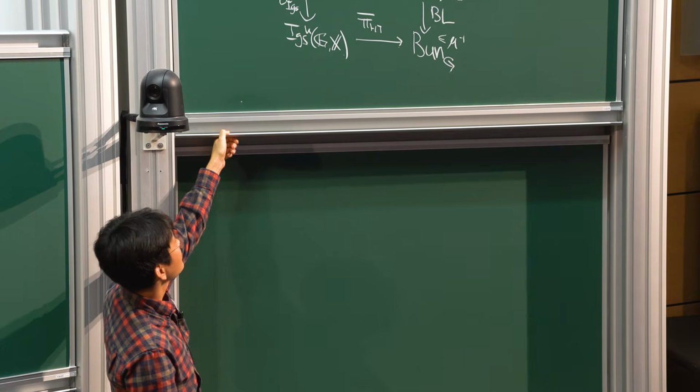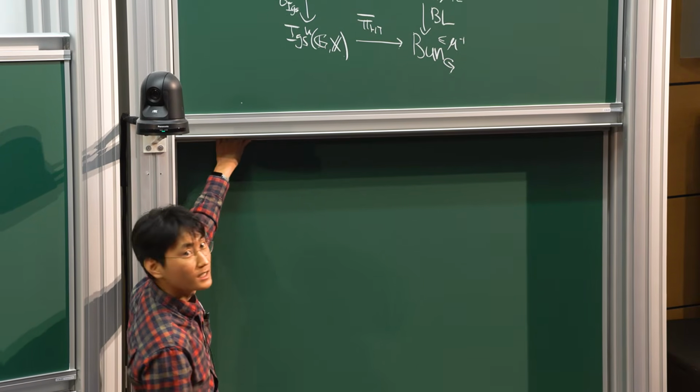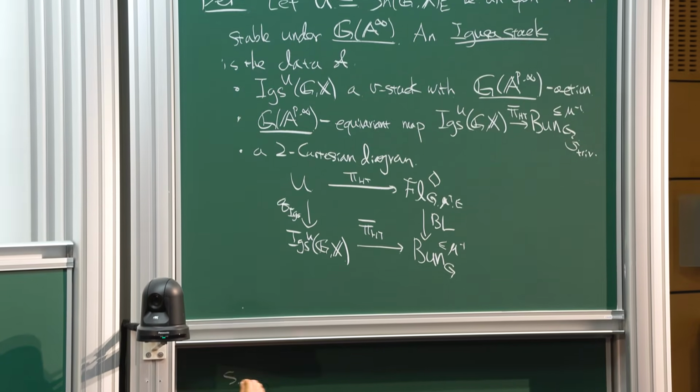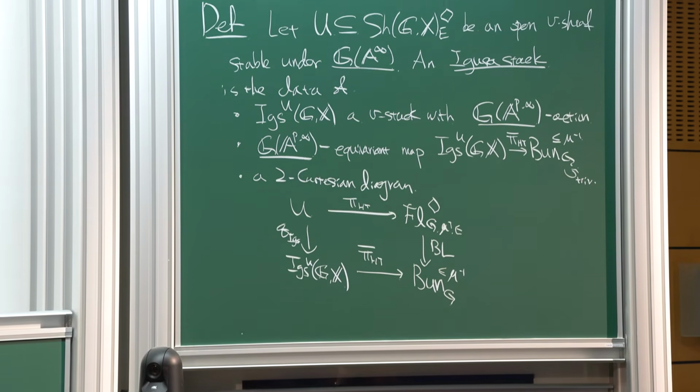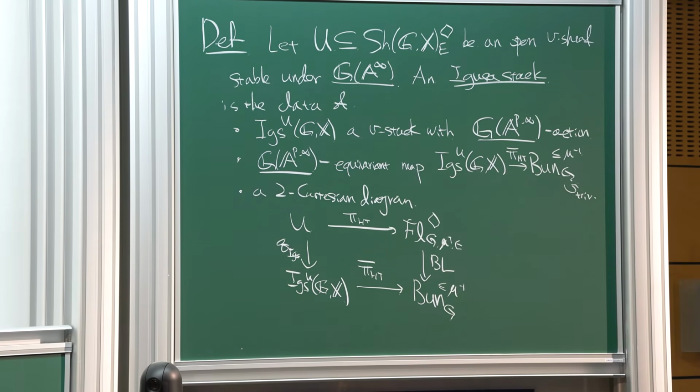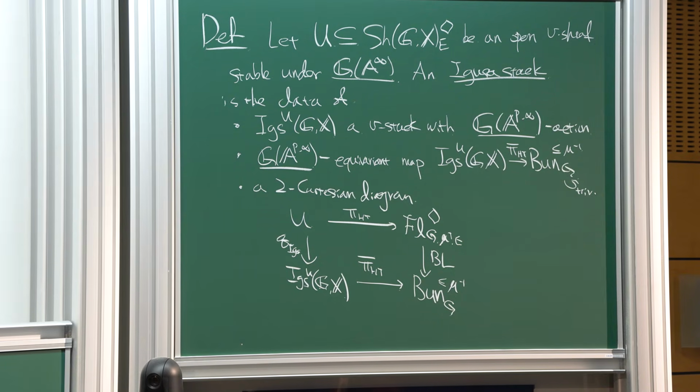And then I need some properties such that, the first thing is that I want this isomorphism to be Hecke-covariant.